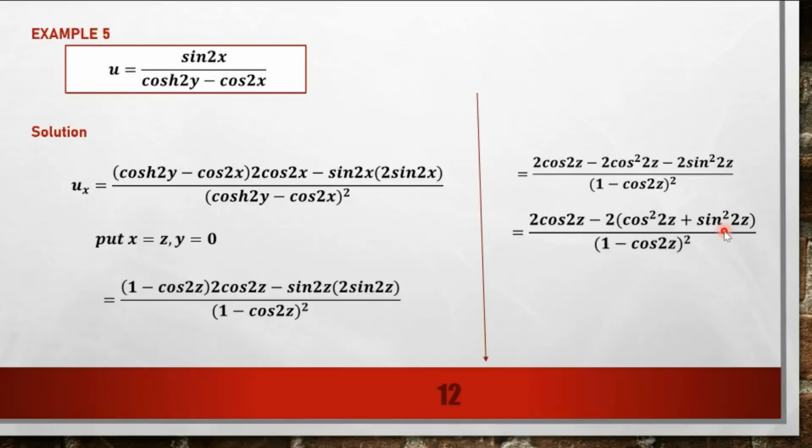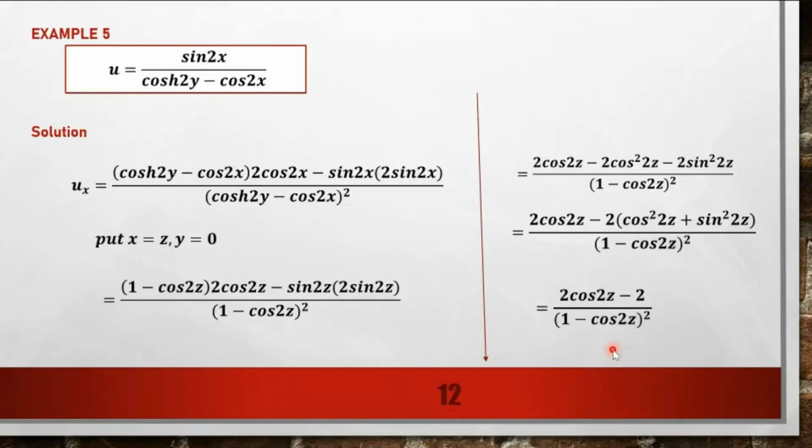It's just to simplify the term, because our aim is to integrate this function. So we are trying to simplify here itself so that it reduces to a simpler function. Okay, so now I'll get 2 cos 2z minus 2, because ये पूरा part 1 हो जाएगा, upon 1 minus cos 2z the whole square.